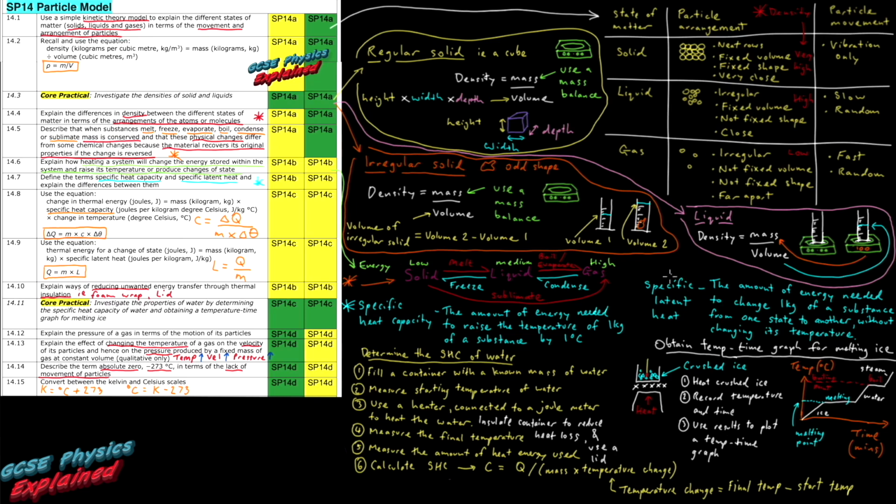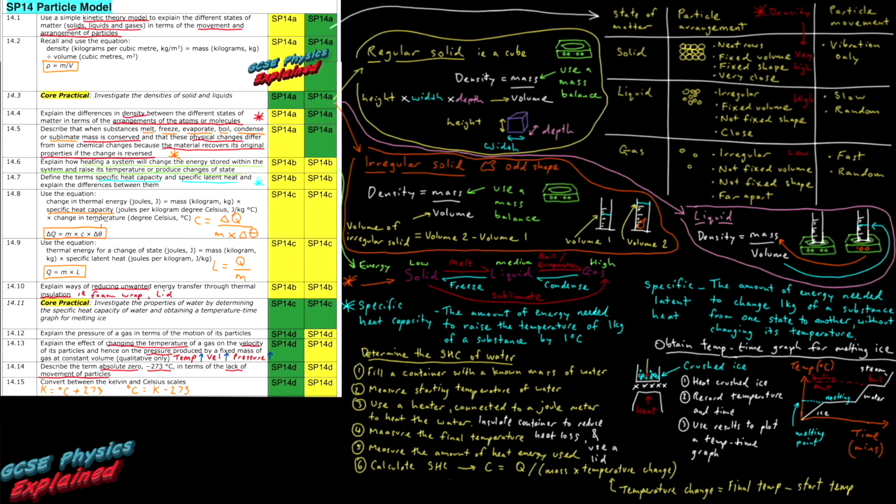In other words, specific latent heat is what you use if there's a change of state. Specific heat capacity is what you use as you're heating one state and it's getting close to either the melting point or the boiling point.